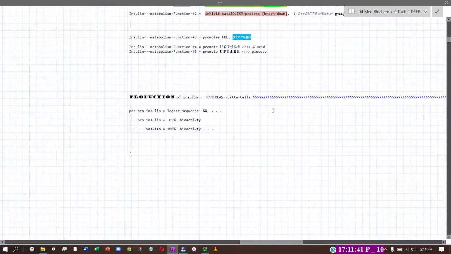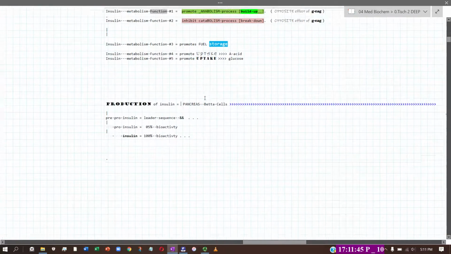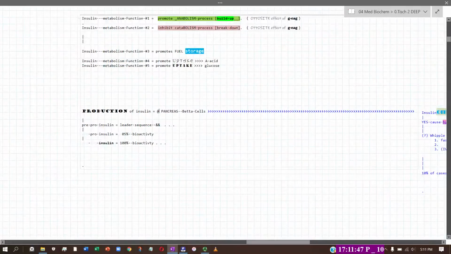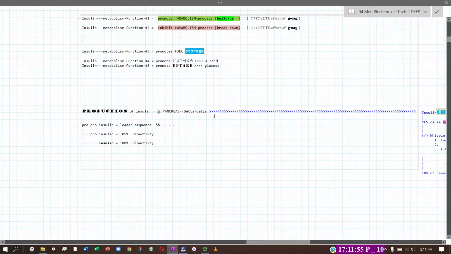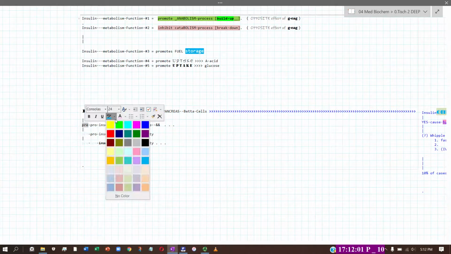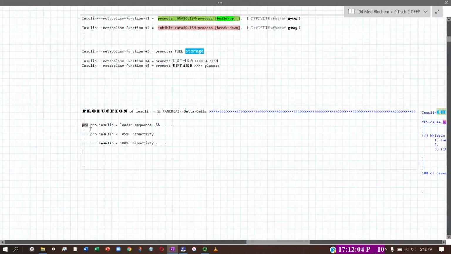Moving on, when it comes to the production of insulin, it happens at the pancreas cell. So let's add the little symbol at the pancreas cells. And there's pre-proinsulin. Let's highlight that. There's pre-proinsulin, and then there's proinsulin, and then there's regular insulin.